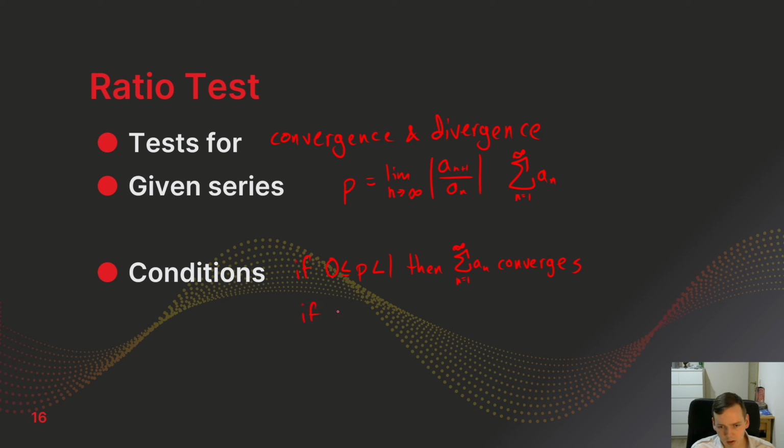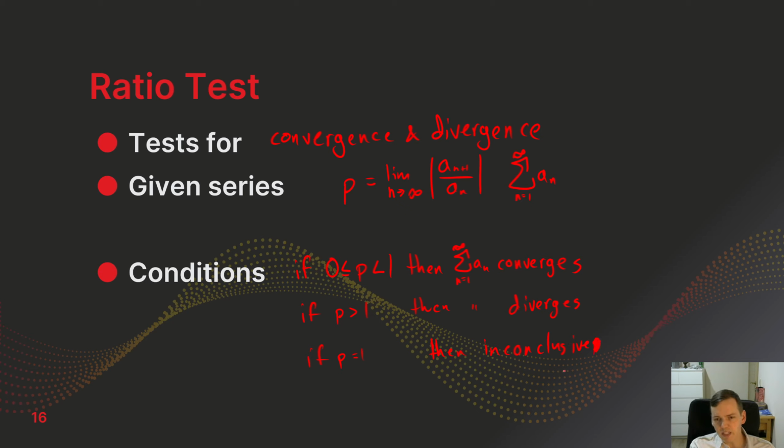If p is greater than 1, then the series diverges. And if p is equal to 1, then it is inconclusive, meaning we can't use the ratio test.